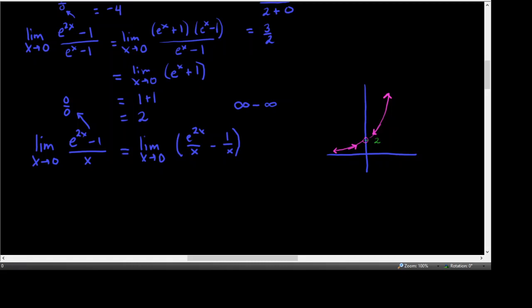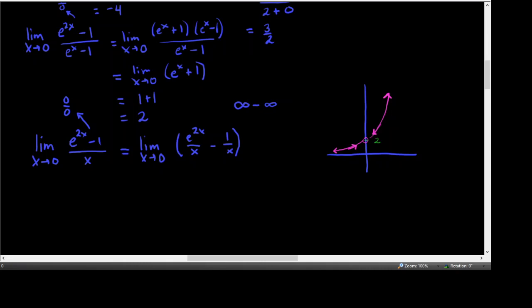We could look at a table of values as x gets closer and closer to 0 to have numerical evidence. And I believe that I put this table in your notes. So as we move towards 0 from the left side, at -1 it's 0.865. And as we move closer, we get 1.8, 1.98, 1.998.